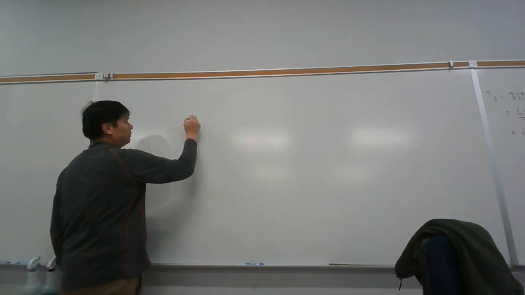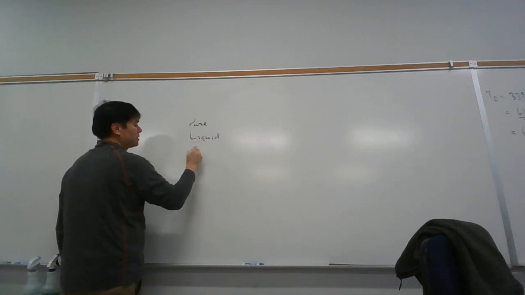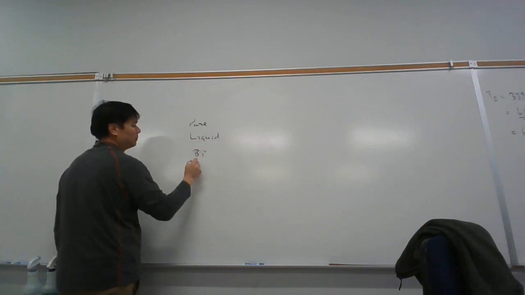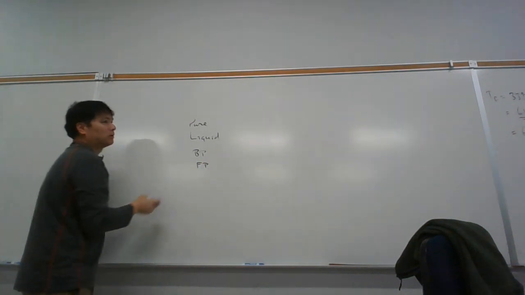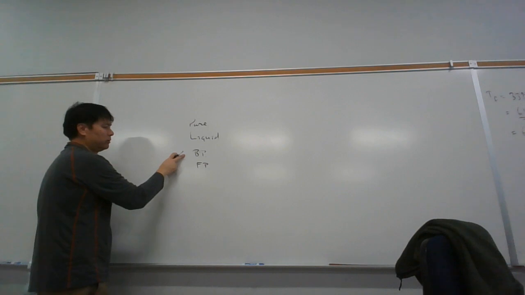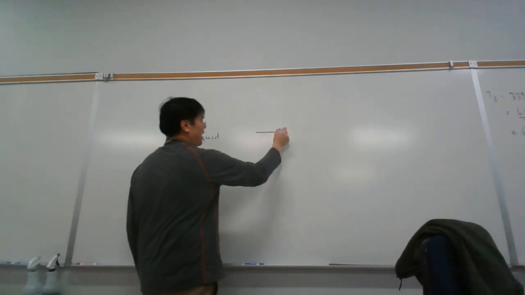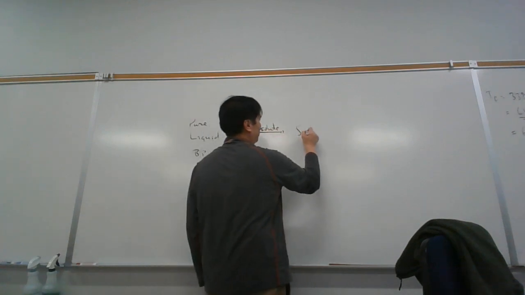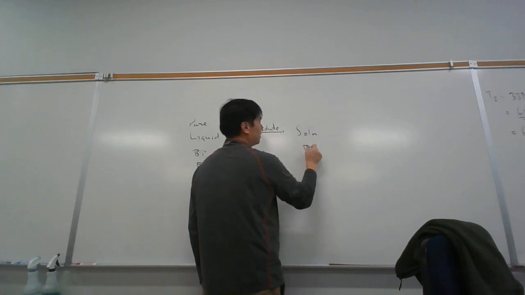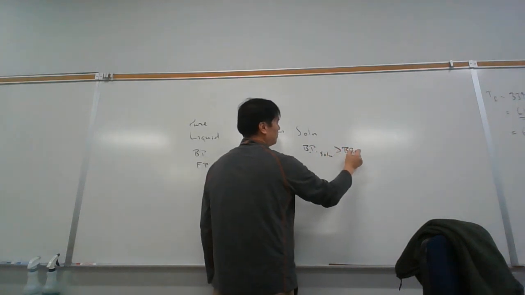If you have a pure liquid, it's going to have the boiling point of the pure liquid and the freezing point of the pure liquid. We can characterize it like water. Water's boiling point is 100 degrees C. Its freezing point is 0 degrees C. But if you add solute to this and make a solution, then the solution is not going to have the same boiling point. The boiling point of the solution is going to be greater than the boiling point of the pure liquid.